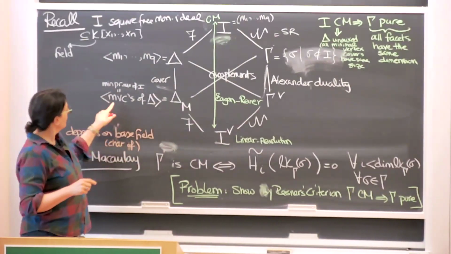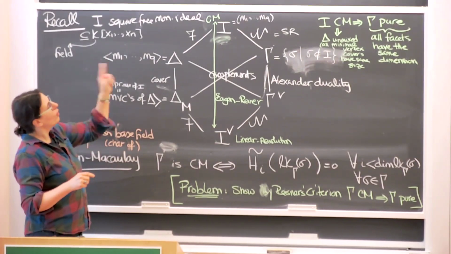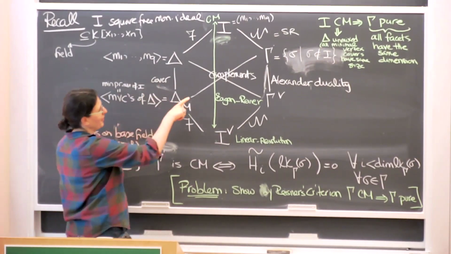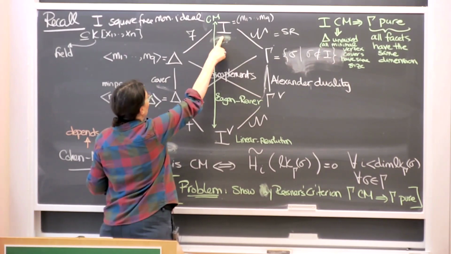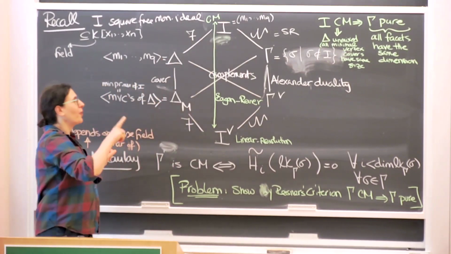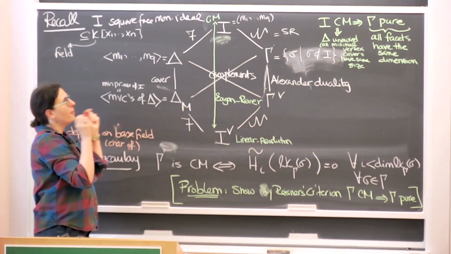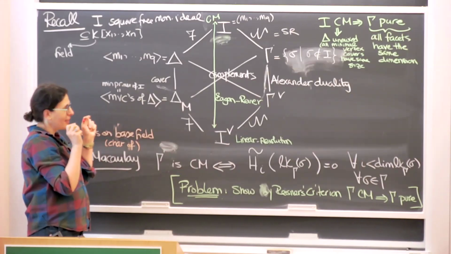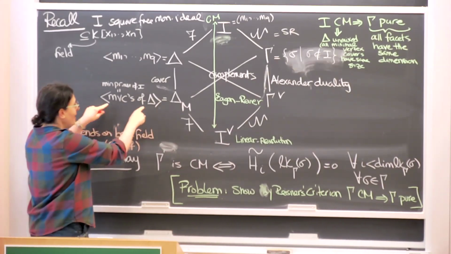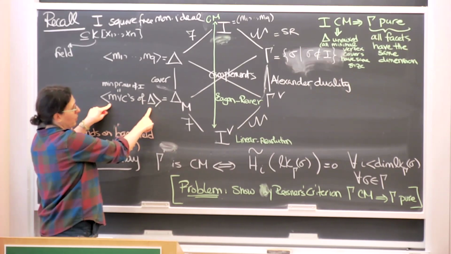Sorry, I said this all wrong, back up. That was the other side. Cohen-Macaulay means all the minimal primes have the same height, means all the minimal vertex covers have the same size, unmixed. That means this is pure. Delta M is pure, right?